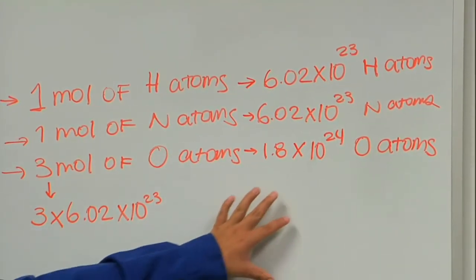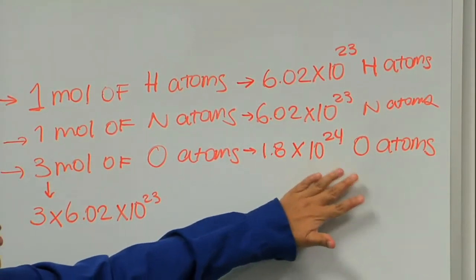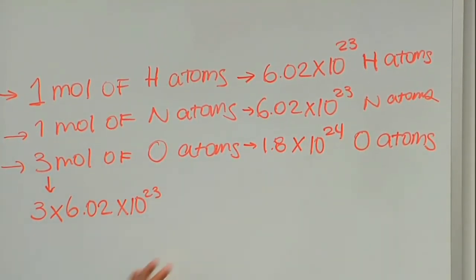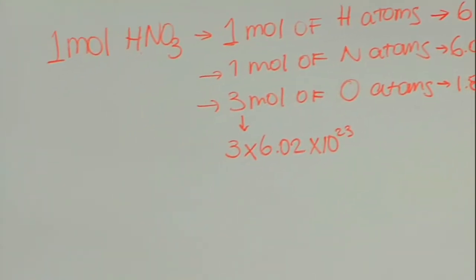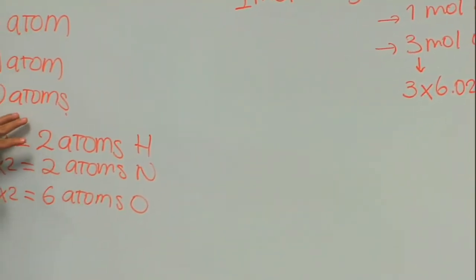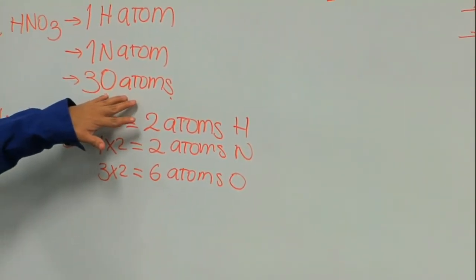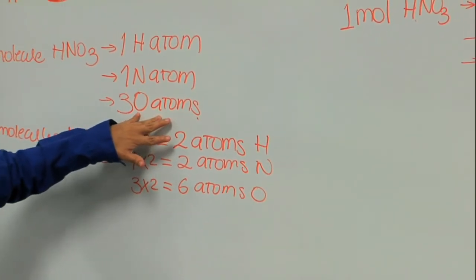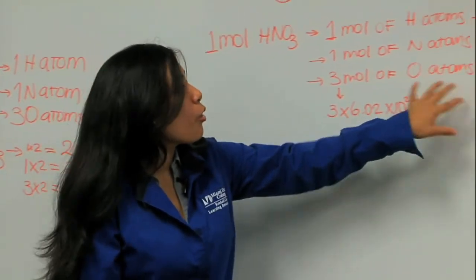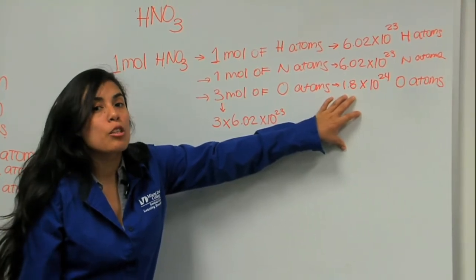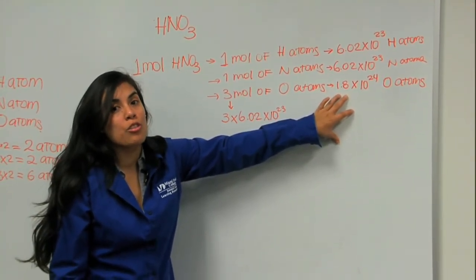So see the big difference between the final number of atoms here and here. Here we talked about 3 atoms only, and here we're talking about 3 mole, which is 1.8 times 10 to the 24th number of oxygen atoms.